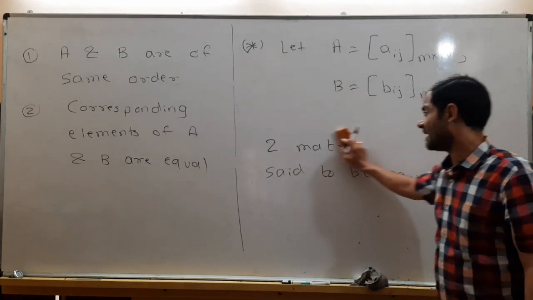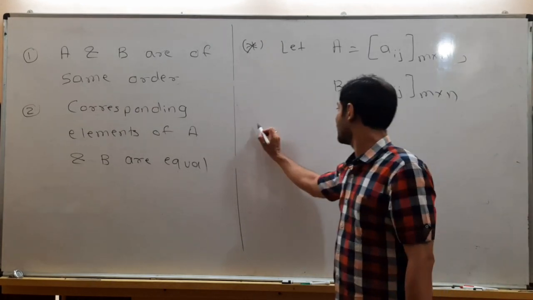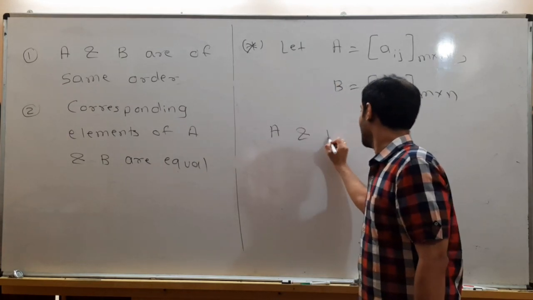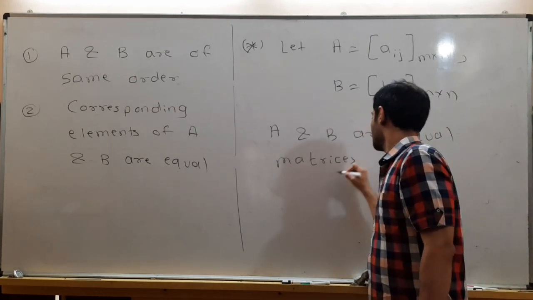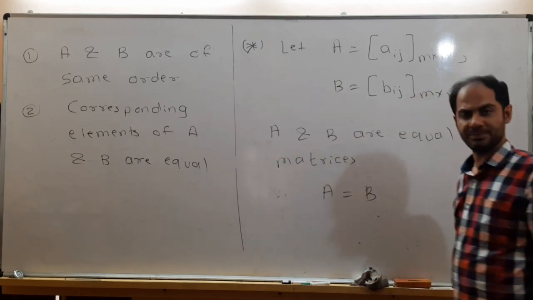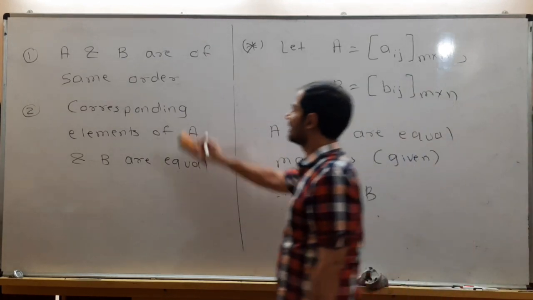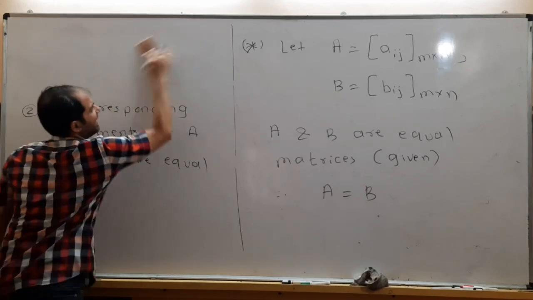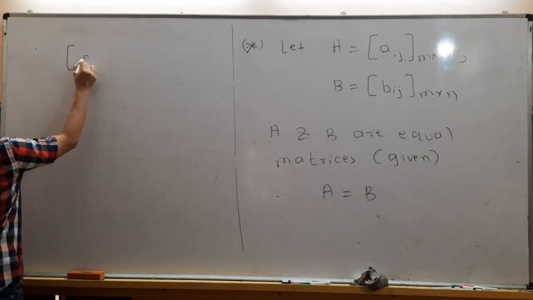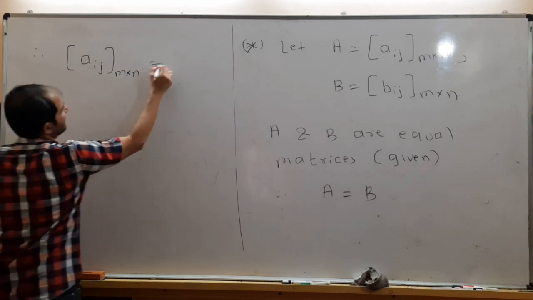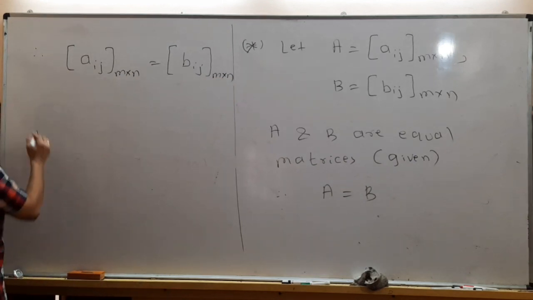Since A and B are equal matrices, therefore A is equal to B. Then I will write Aij of the order m cross n is equal to Bij of the order m cross n. Both are the same order, so we need not worry about it.